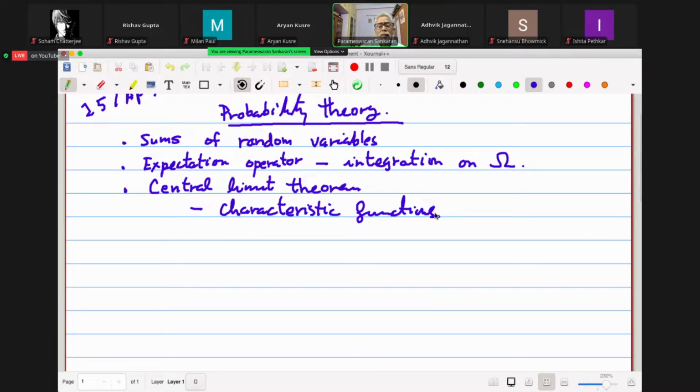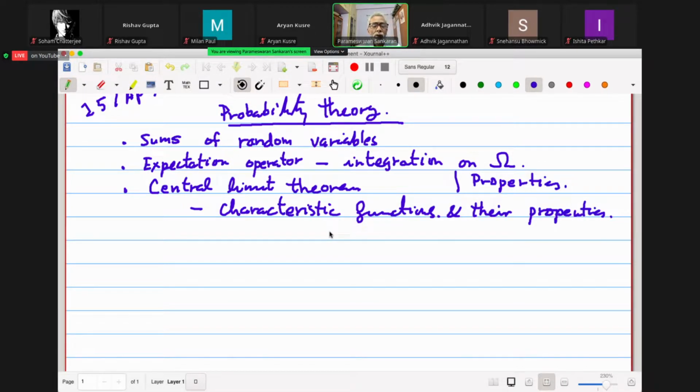Okay, these are the things that I need to discuss, and then some properties. So here itself, based on integration on omega, some properties, and characteristic functions and their properties. Besides also doing some examples.